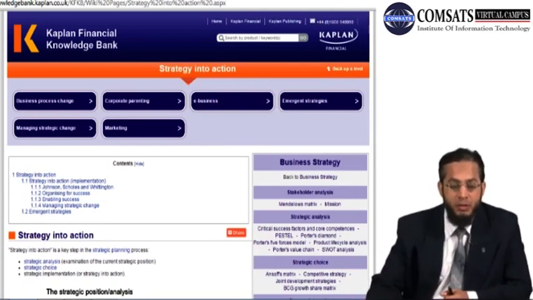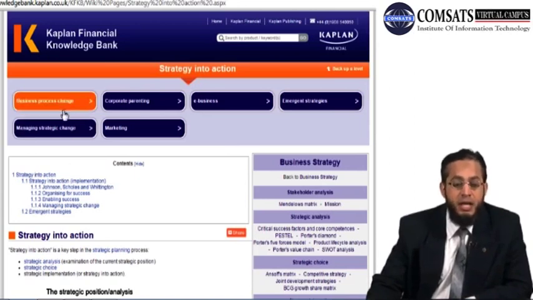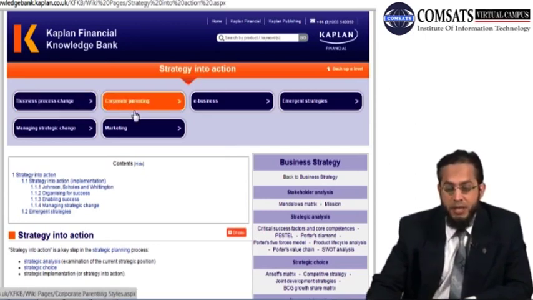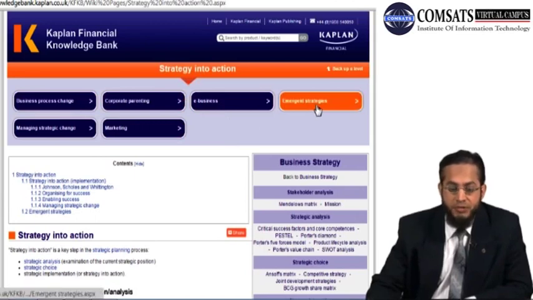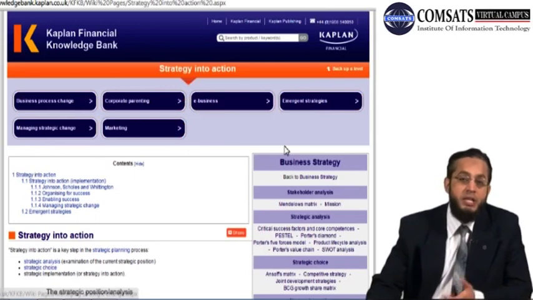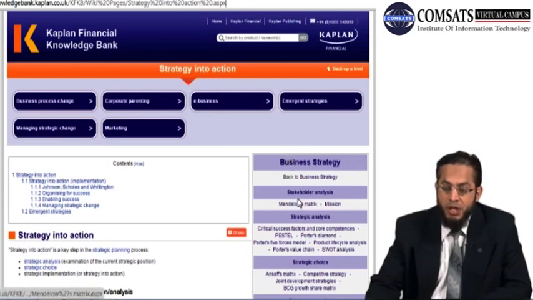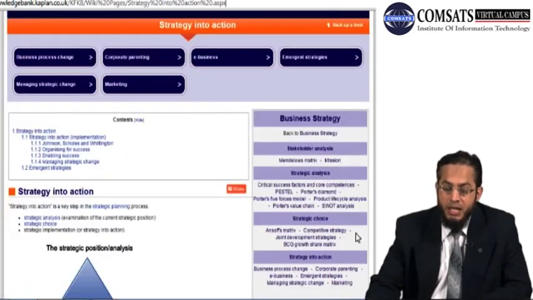So let me scroll down a little bit here. As you can see, it has different material banks under each link: business process change, corporate parenting, e-business, emergent strategies, marketing, and managing strategic change. And you can explore each tab further to get more insights. Business strategy, shareholder analysis, strategic analysis, strategic choice, strategy into action.